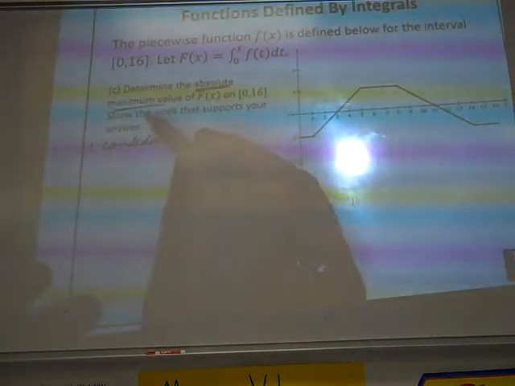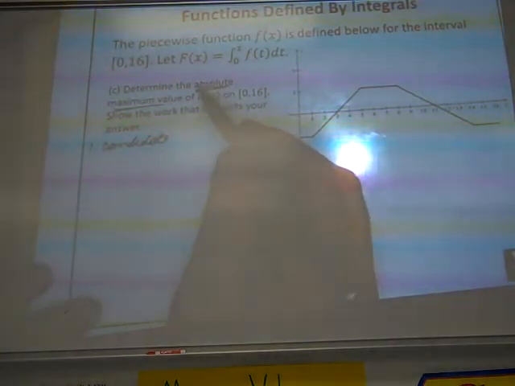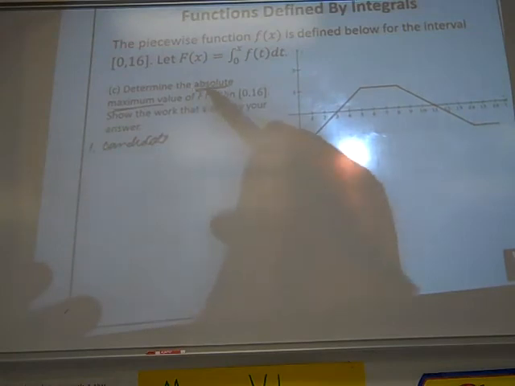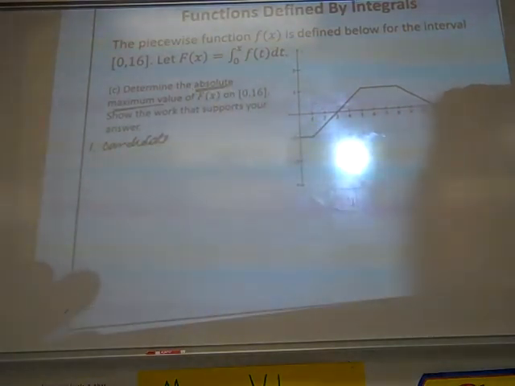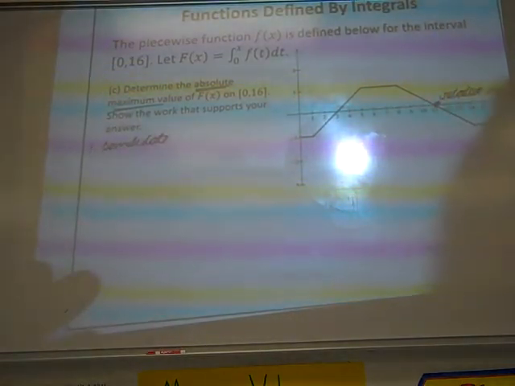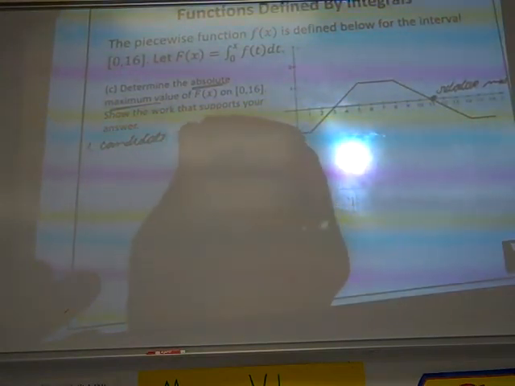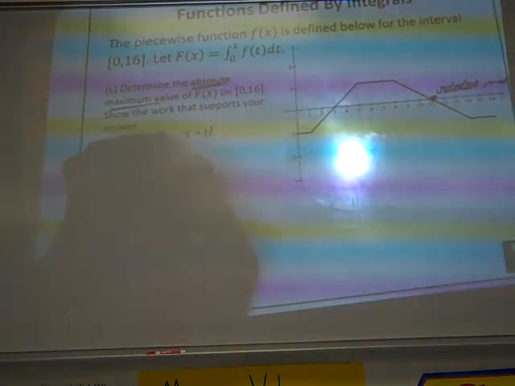You might have an absolute maximum at any place where you have a relative maximum. As we already saw in part B, you have a relative max right over here at 11 because f changes from positive to negative. So my candidate is x equals 11.